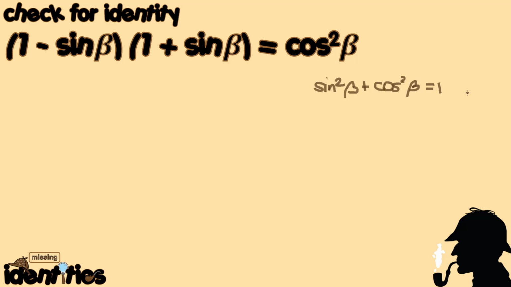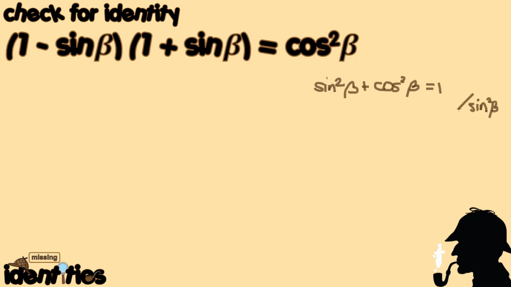Aside from this, there are also derivations of this given Pythagorean identity. Let's say, for example, we are going to divide all these terms by sine squared beta.